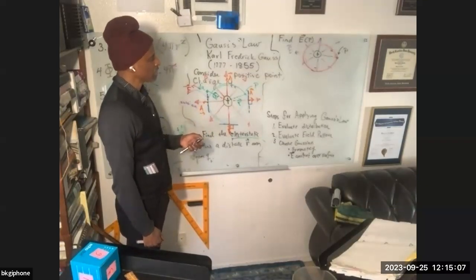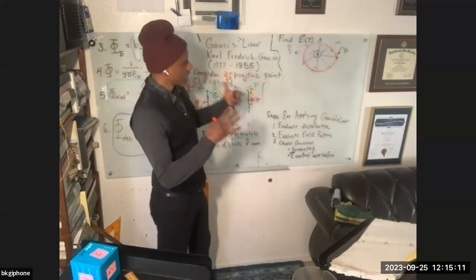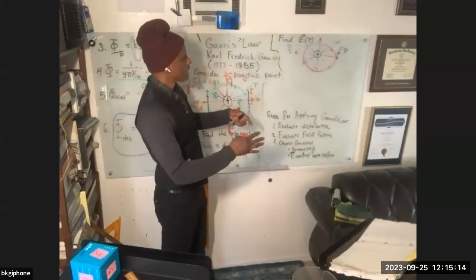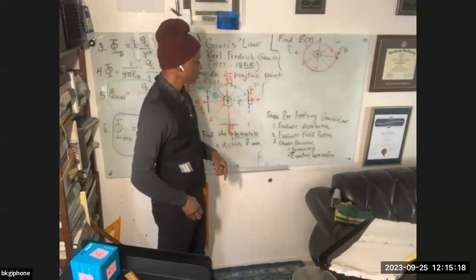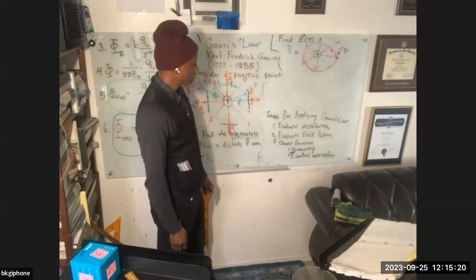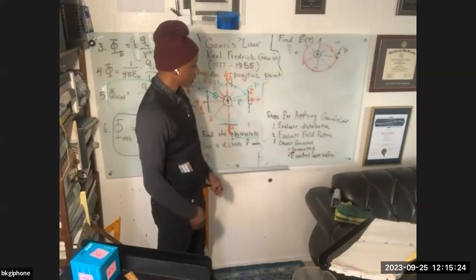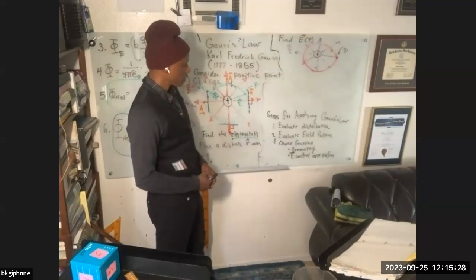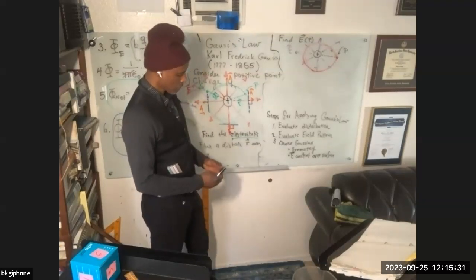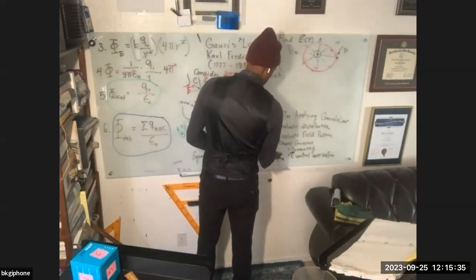We want to make sure that if we are finding the field at a particular point, we make our Gaussian big enough such that at least part of the surface goes through that point. So we choose our Gaussian and then apply Gauss's law. So 4 steps. Choose Gaussian, make sure that the point goes through the surface, and then apply Gauss's law.